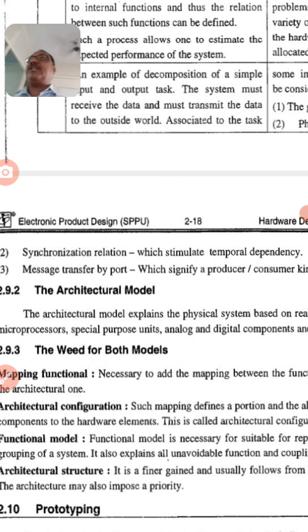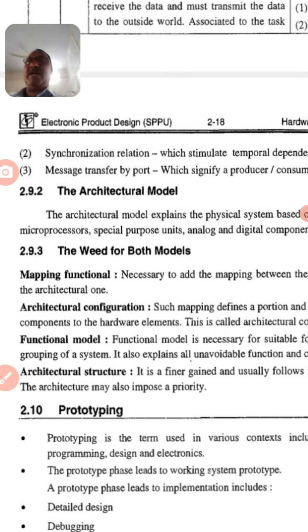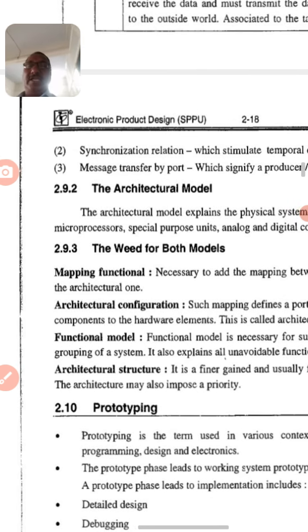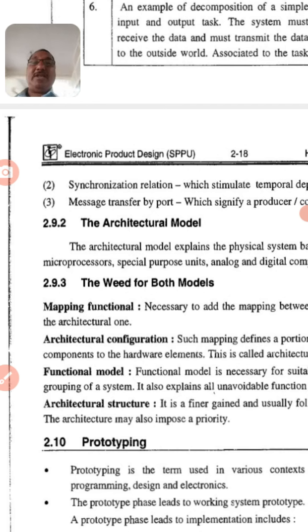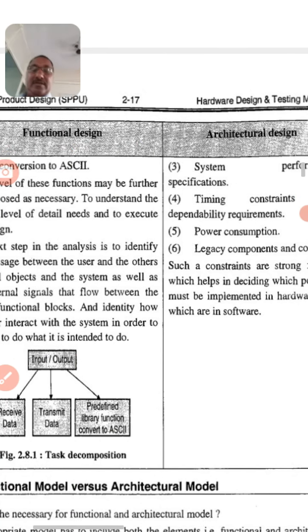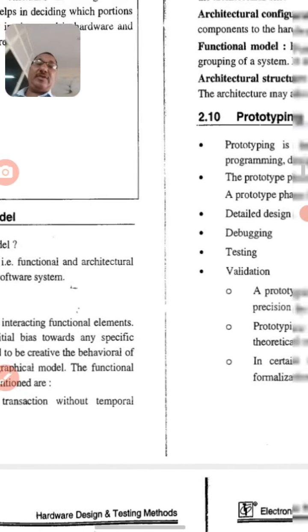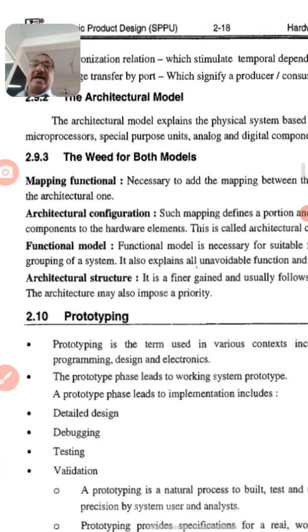The microprocessor, as I told you in the last lecture, is an actual design using electronic components, which will take care of all three internal data transfer methods or relations: synchronization relation, message transfer by port, or a shared variable. So everything should be taken care of by the architectural model.